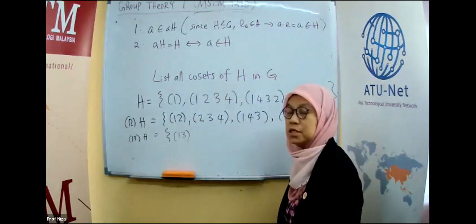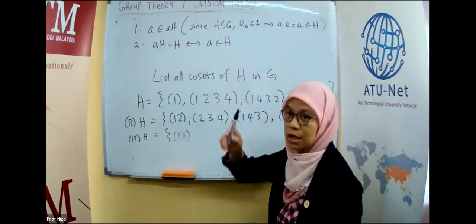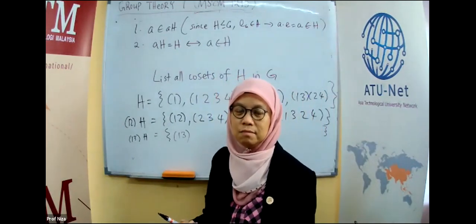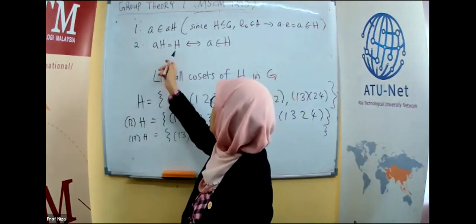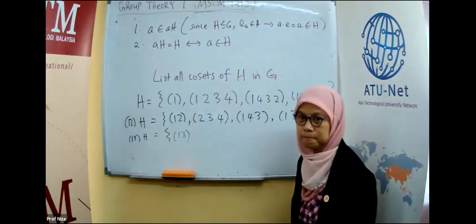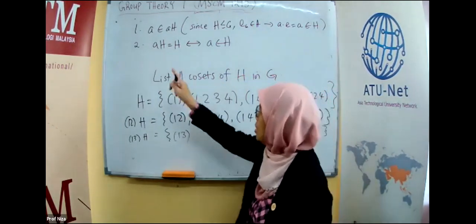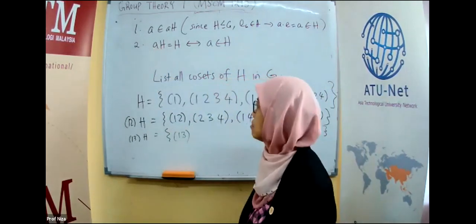Okay, because H is a subgroup, right? If A is in H, A times H is again in H because it's closed. And the other way around, if that is equal, then this A has to be inside. Otherwise, it will go out.